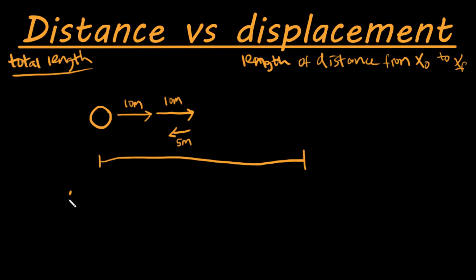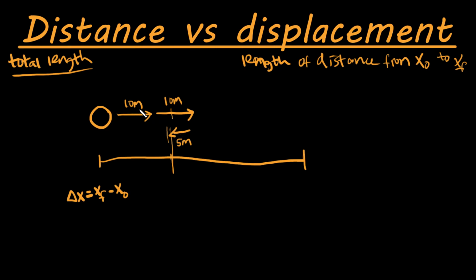So total displacement, remember, is change in x is equal to x final minus x initial. So what's our final position? Well, we ended up right here. We went 10 meters this way, 10 meters this way, and 5 meters back.